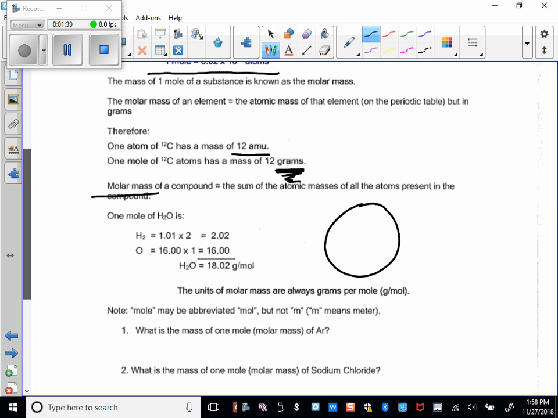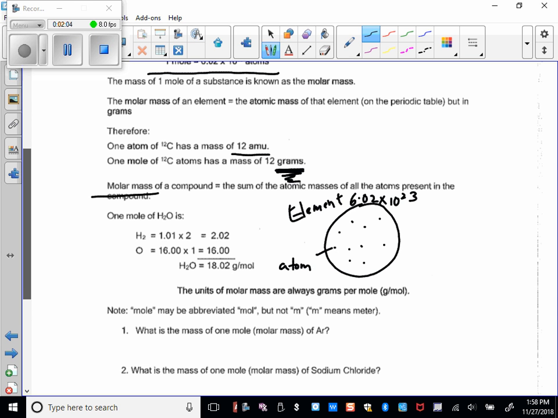Supposing you take, so this is an element. Are you with me? The smallest particle of an element is what? An atom. So this one single thing is an atom. How many atoms are you taking? 6.02 times 10 to the 23rd.